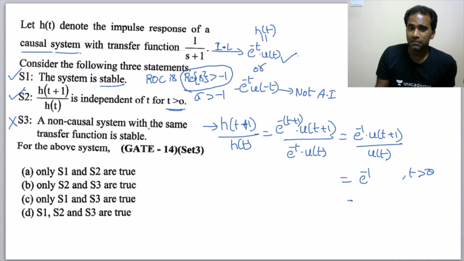The other way of seeing it: if it is a non-causal system, the Laplace transform will be 1 by s plus 1, and the ROC will be real part of s less than the real part of the pole, which is real part of s less than minus 1. That means we are talking about values from minus infinity to minus 1, which does not include 0. If 0 is not part of the ROC, it corresponds to an unstable system. That way also we can say it. So finally, S1 and S2 are true. So option A is correct.